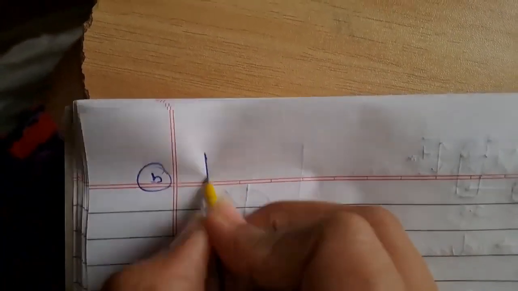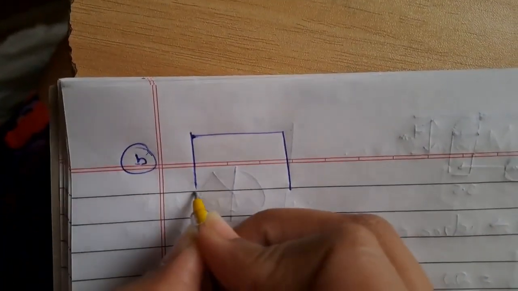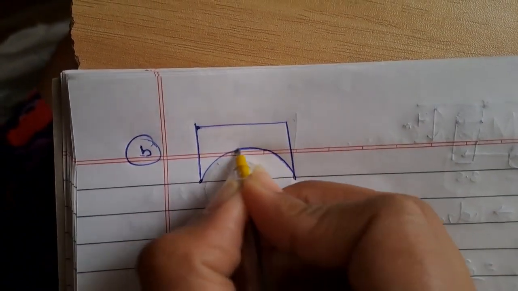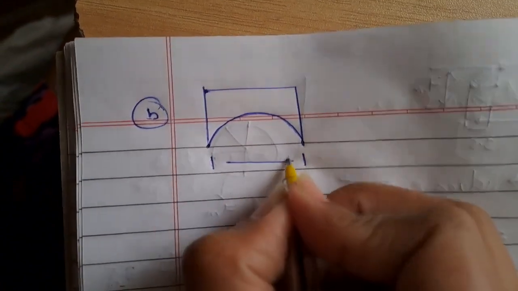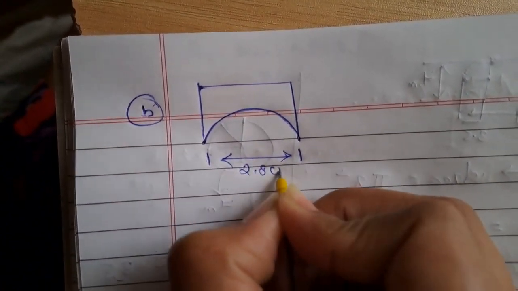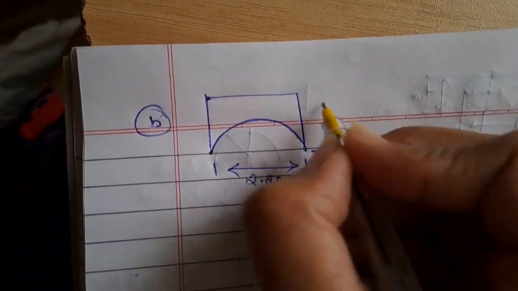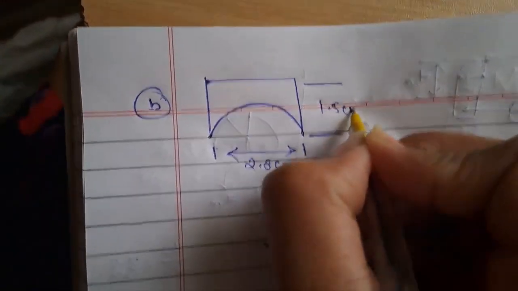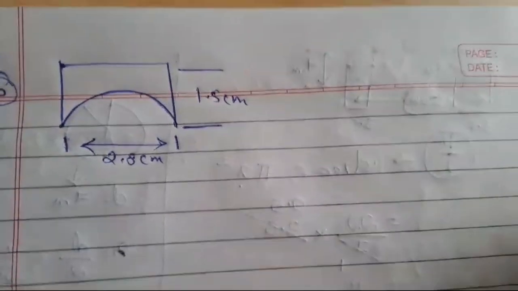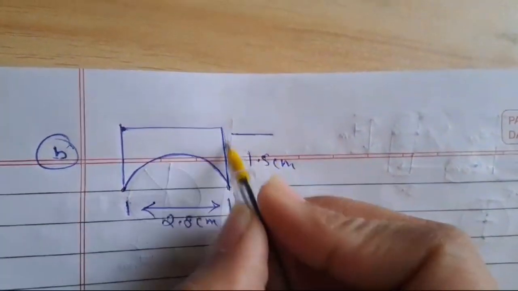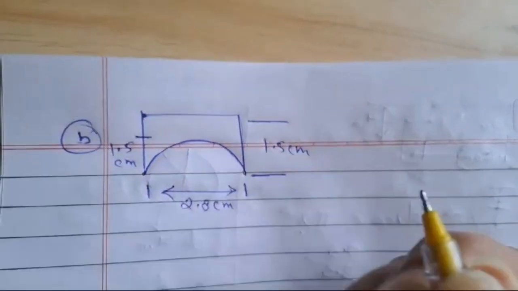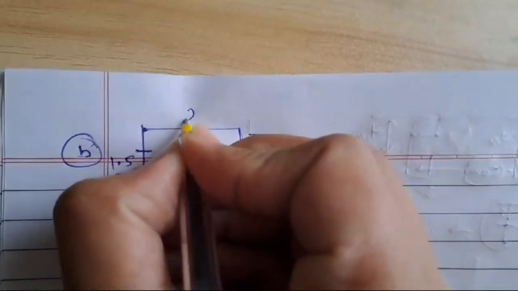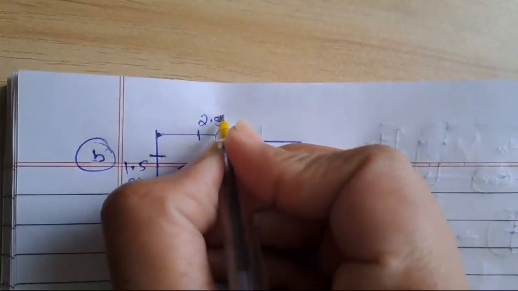Likewise, we have the second food particle whose shape is given to me as this. Okay, and here this distance is given to me as 2.8 centimeters again, and this height is given to me as 1.5 centimeters. So what we are seeing in this one is this is given to me as 1.5, so also this will be 1.5 centimeters, isn't it? If this is 2.8, then this is 2.8 as well. Okay, 2.8 is in here.